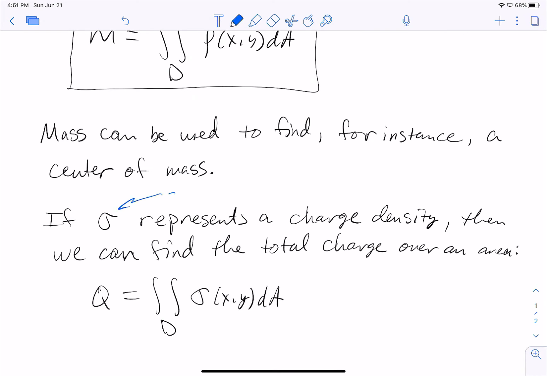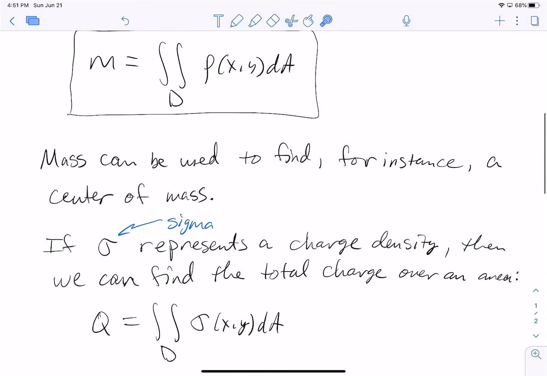I'll point out that this is a lowercase Greek letter sigma. And folks, what you can see here is that this integral is exactly the same form as the one we just wrote down and the ones we were working with in an earlier section. As with so many things, the meaning depends on context.